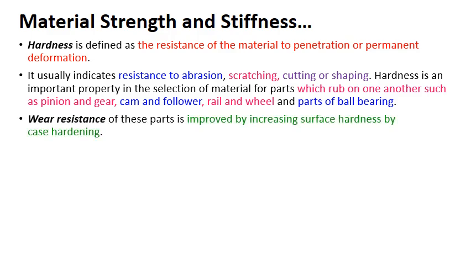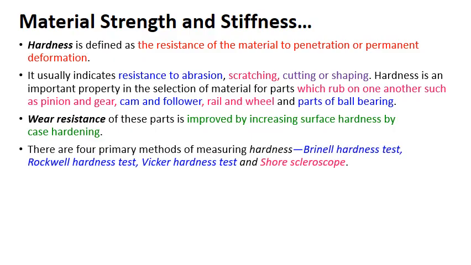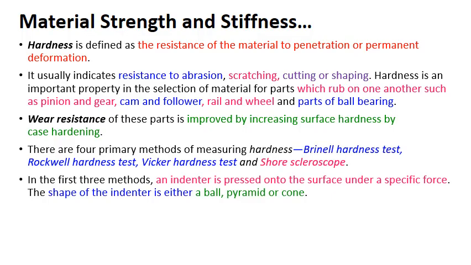How do you enhance the hardness? Right, by case hardening, a surface hardening process. So we have different methods of measuring the hardness, but we will look into some of the standard methods: Brinell hardness test, Rockwell, Vickers, and then Shore scleroscope. In the first three methods, an indenter is used. They are all indentation hardness techniques.